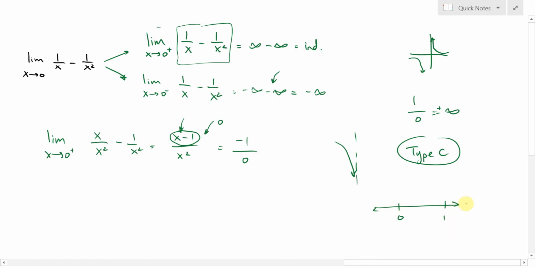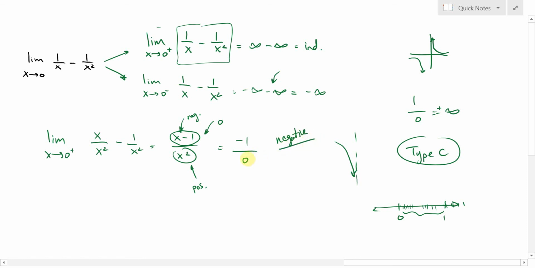As we pick values of x closer and closer to 0 coming in from the right, eventually we cross past 1. And as soon as we've crossed past 1, for all of these values less than 1, x minus 1 is a negative number. And since you have an x squared on the bottom, I don't care what that is, that's always positive. So a negative divided by a positive is negative.